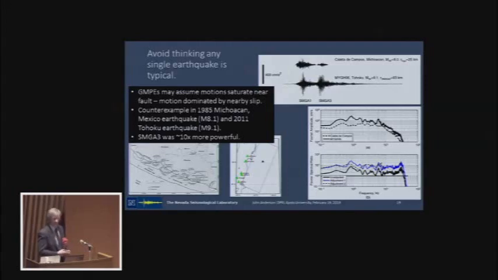So this is a reminder that we need to be cautious about thinking that one earthquake is going to be representative of what the motion is. We need lots of data, not just 1 or 2.